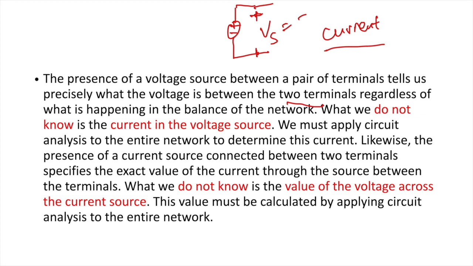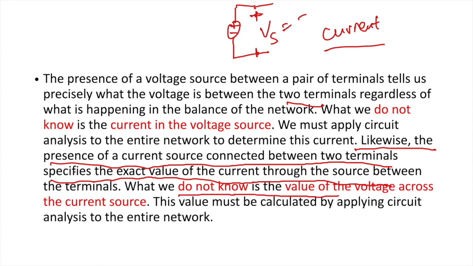For the current source, likewise, the presence of a current source connected between two terminals specifies the exact value of the current through the source between the two terminals. What we do not know is the value of the voltage across the current source.